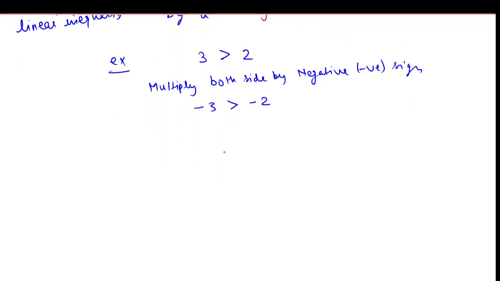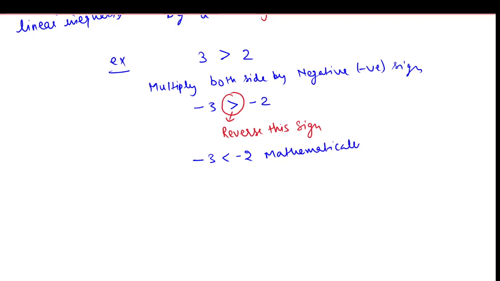Because we have multiplied by a negative sign, this sign will reverse. So we can now say minus 3 is less than minus 2, which is a mathematically true statement. This is how a negative sign affects the inequality.